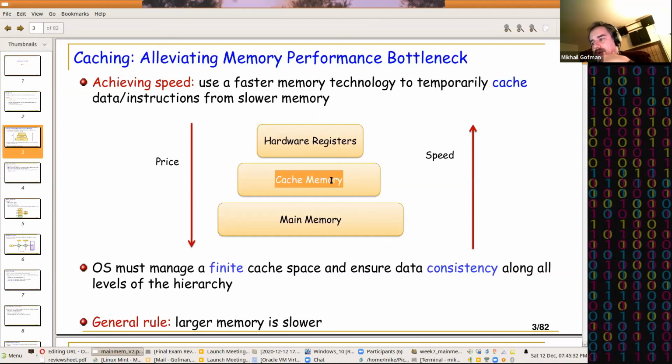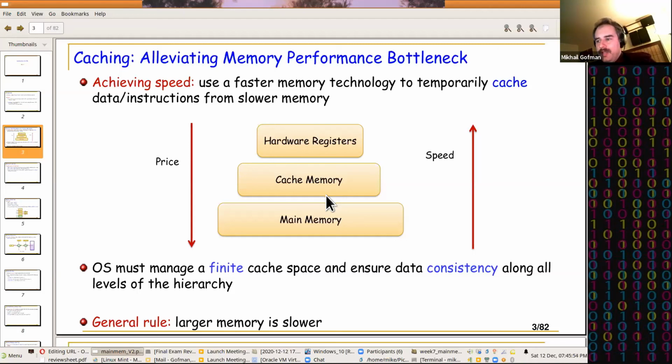You have probably heard about L1, L2, L3, right? Those refer to the cache level. So there is an L3 cache, then L2, and then L1. Multiple levels of caches, and each cache caches the data from the cache right before it.